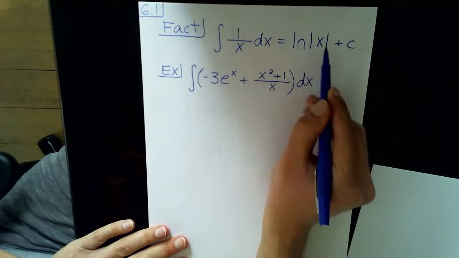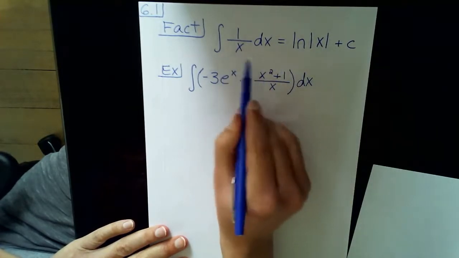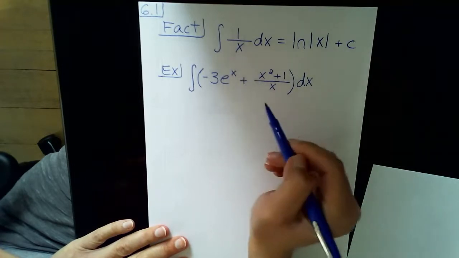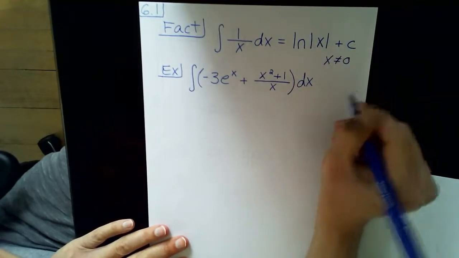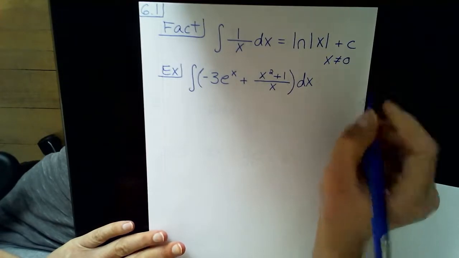So we put these absolute values to say we need to be careful about our domain. This way we don't get any undefined answers. It is also worth noting that x cannot equal 0, because you also cannot plug 0 into a natural log.